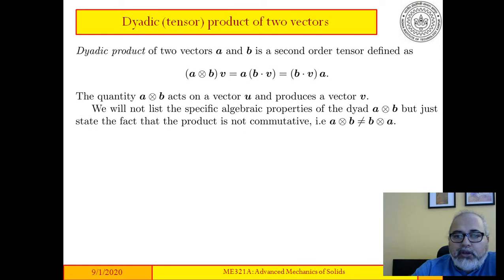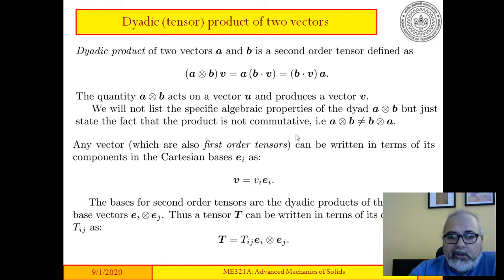One thing that we need to note is that, like the cross product, you cannot interchange the order of the two vectors. So a dyadic b is not the same as b dyadic a. Dyadic product is a tensor, but you don't get the same tensor if you do b dyadic a as you get when you do a dyadic b.